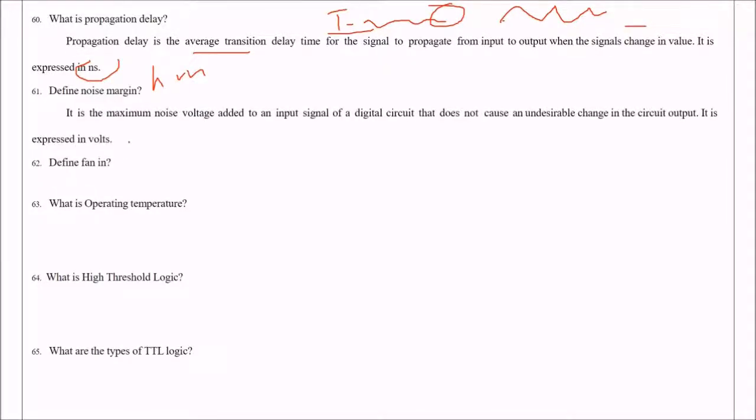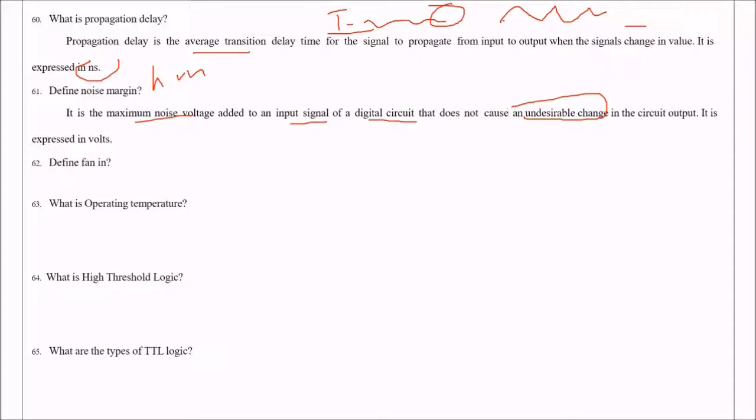Define the noise margin. This is the maximum noise voltage added to the input signal of a digital circuit that does not cause any undesirable change in the output. It is expressed in volts. So noise margin is that maximum value of noise voltage that can be added to the input signal of any digital circuit which will not cause any undesirable change in the circuit output.